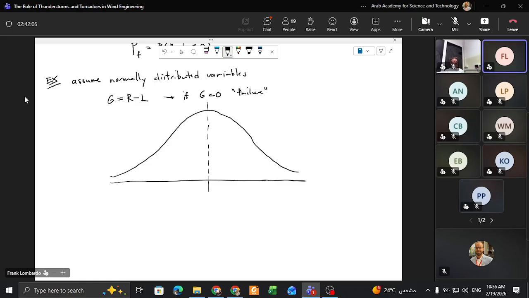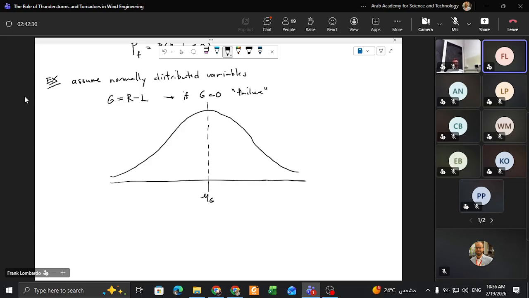For most things, zero is failure. So where would you expect zero to lie on this probability density function? If this is the mean G value, would you expect that to be positive or negative?